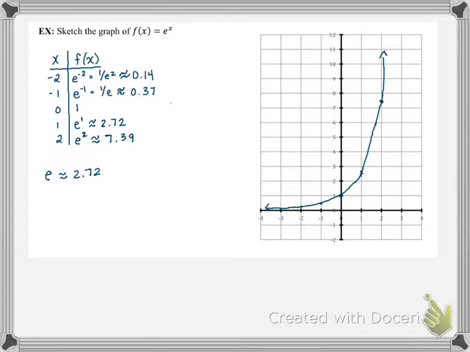This is why you don't see people use e as a variable in equations. In your textbook, they never use e as a variable because e doesn't change. It's a constant, so it's always the same number.